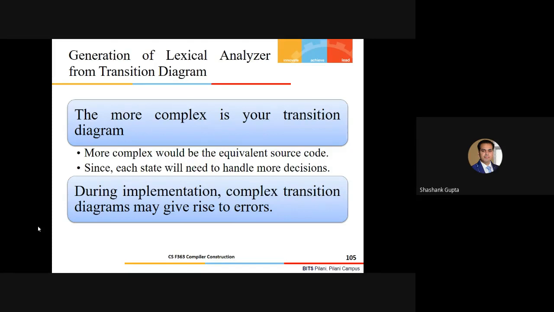I have to implement the lexical analyzer, but I have to make sure it is a very efficient implementation. As per the recent literature, and if you calculate the timing with respect to response, you will get better response time in the case of multiple transition diagrams. Complex transition diagrams may give rise to errors, not lexical errors, but your implementation errors.